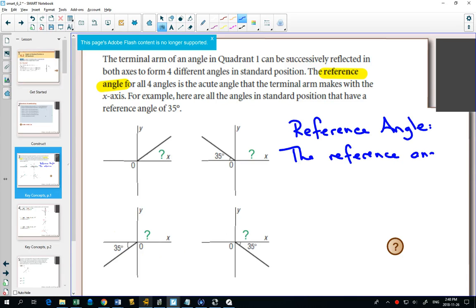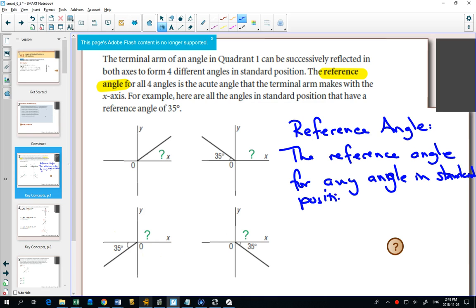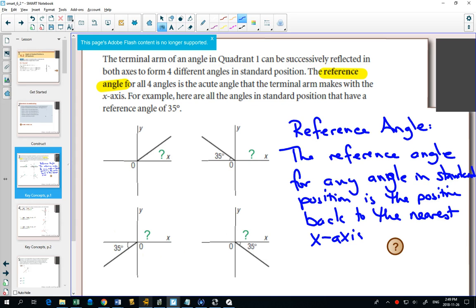The reference angle for any angle in standard position is the positive angle back to the nearest x-axis. It's a lot of words, but the definition actually is really easy.